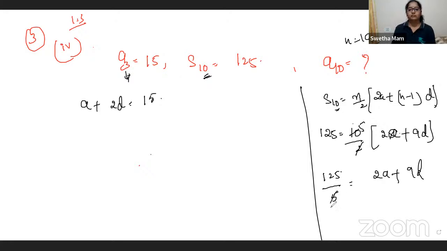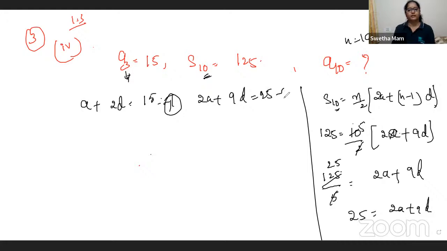Correct? Now 5 ones, 5 twos, 5 fives. So this 25 is equal to 2a plus 9d. So take the equation, children. Call this equation 1, a plus 2d equal to 15, and 2a plus 9d, that is equal to 25, call this equation number 2.